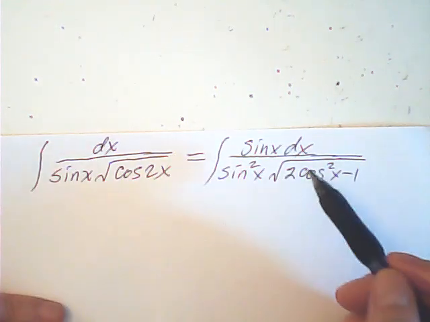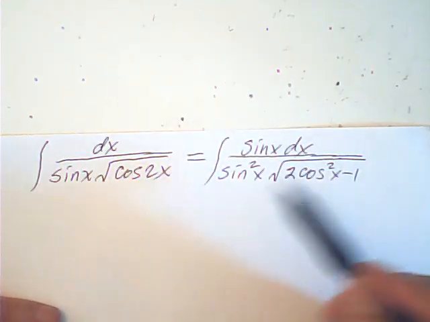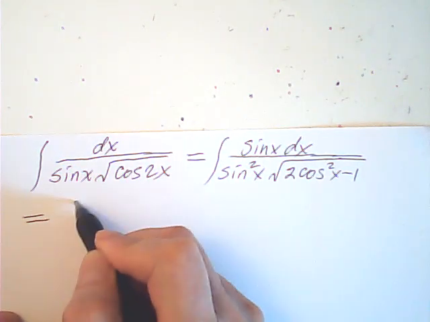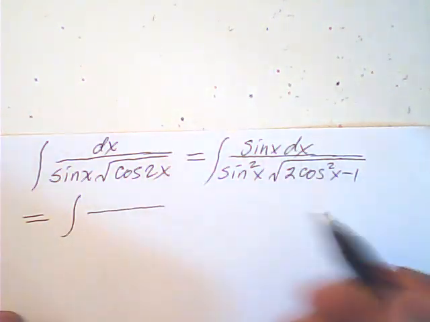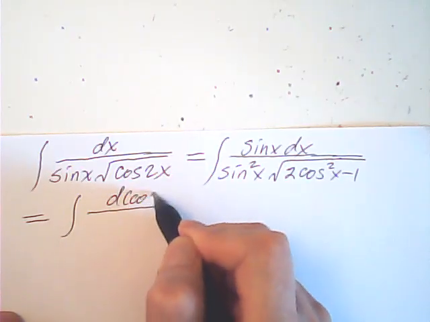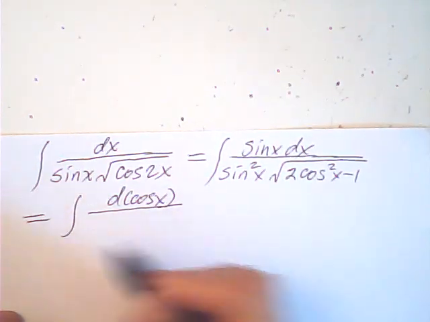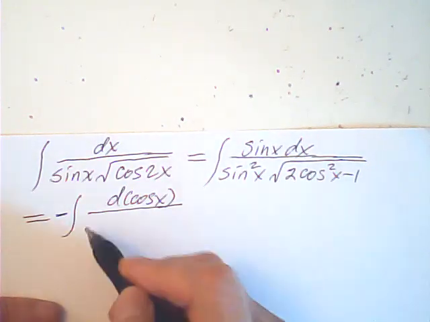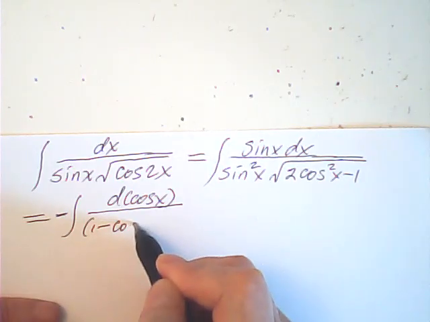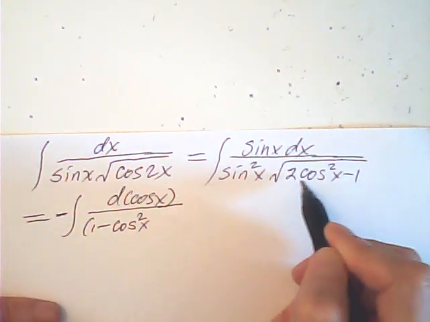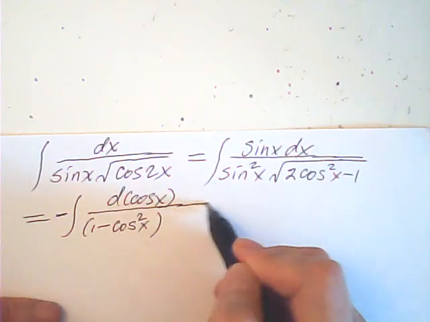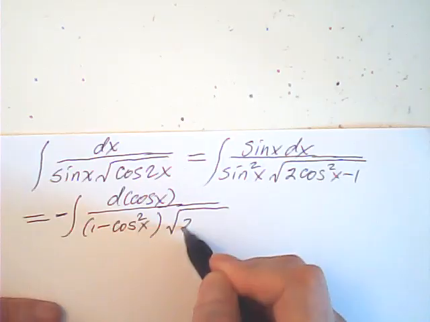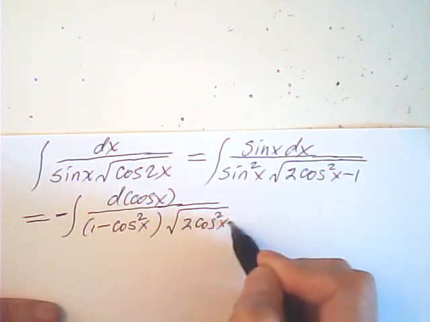Now I have an idea that I change everything into cosine. So the numerator becomes d cosine. The cosine derivative has a negative sign, so there's a negative outside. This has already been cosine, so 2 cosine squared minus 1.